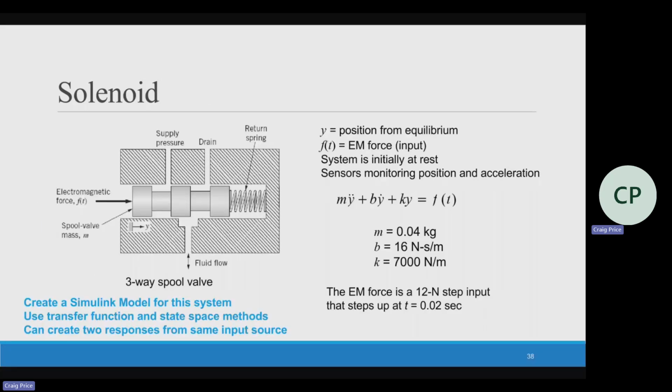Okay. So here's your problem, and let's go for it. We've done the solenoid before. You don't even have to do full body. Full body has been done for you. This is supposed to be force. They have values there.